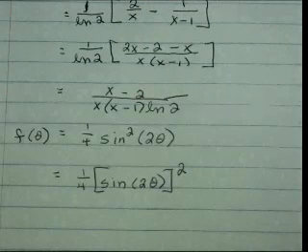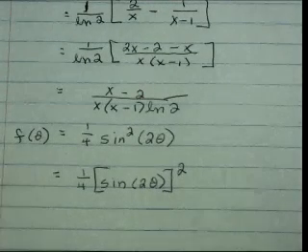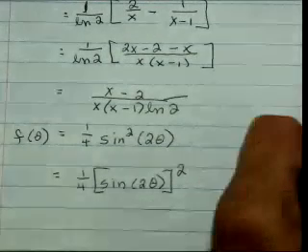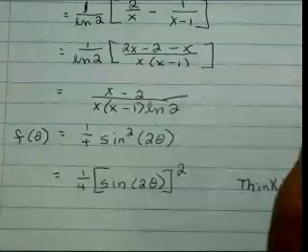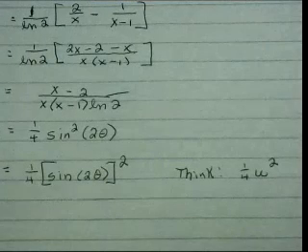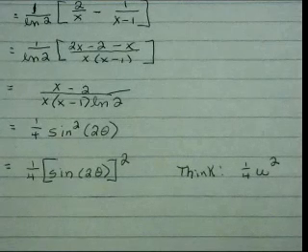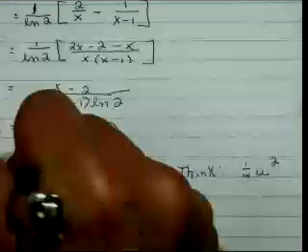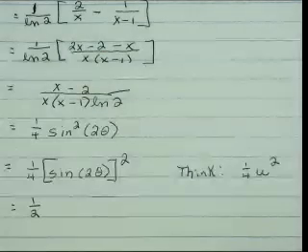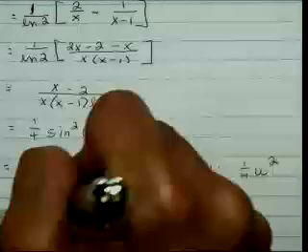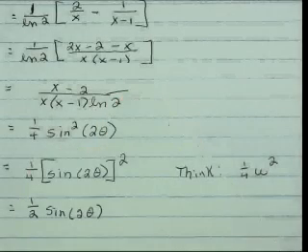Now really, no matter how scary that looks, it's just 1/4 ugly squared. What is the derivative of 1/4 ugly squared? 1/2 times the same old ugly to the first, and then what?